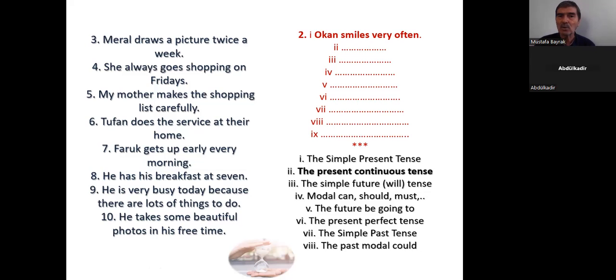Faruk gets up early every morning. He has his breakfast at 7. He is very busy today because there are lots of things to do. He takes some beautiful photos in his free time. Yes, you can change them.